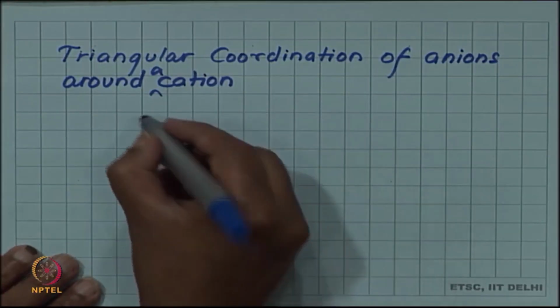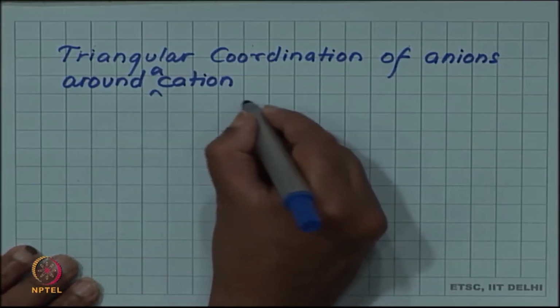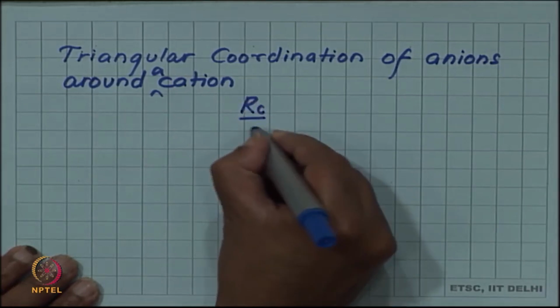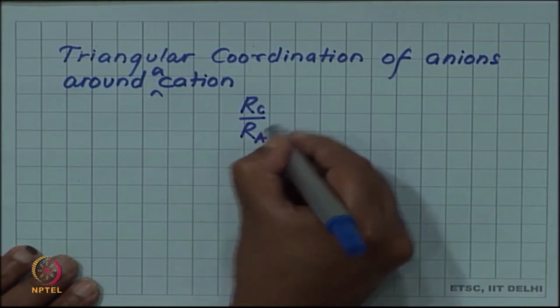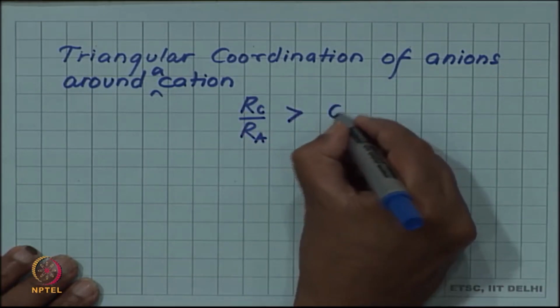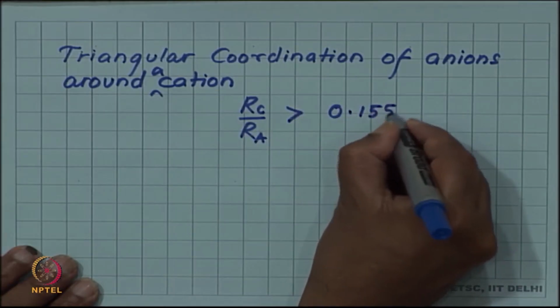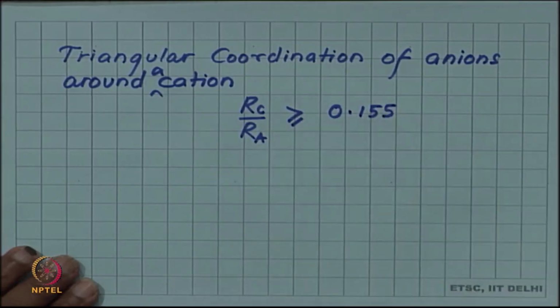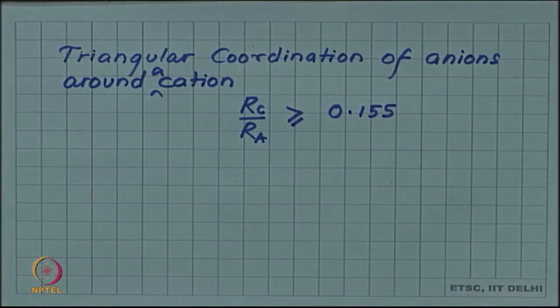For triangular coordination we found that stability requires R C by R A to be greater than 0.155, equal to 0.155 being the critical situation.